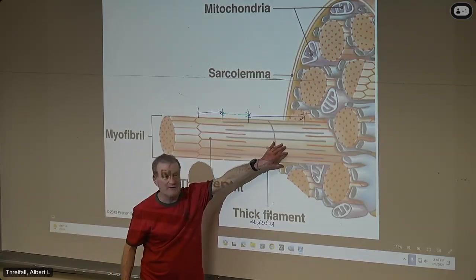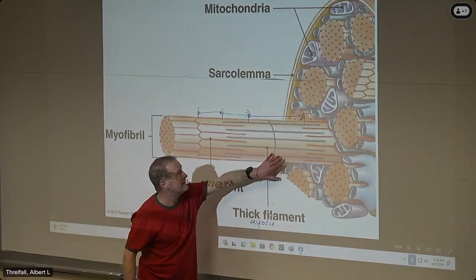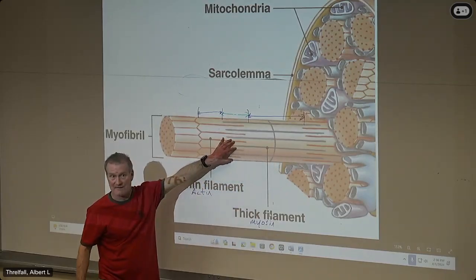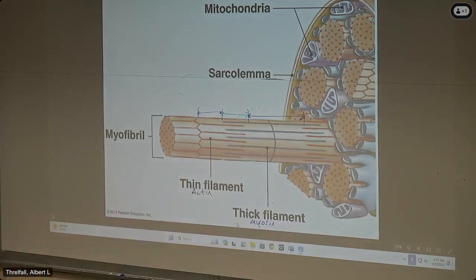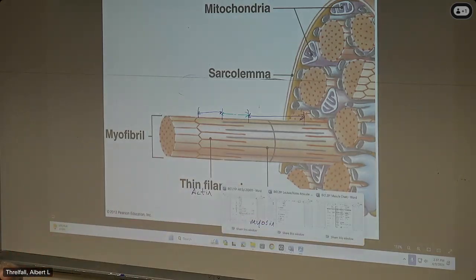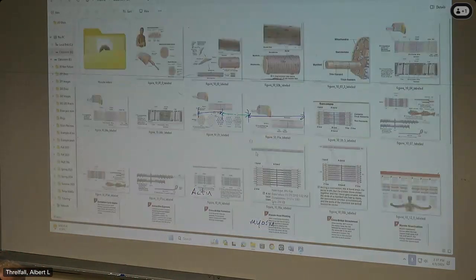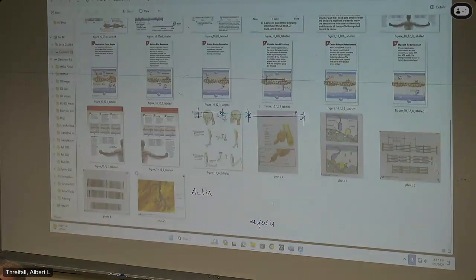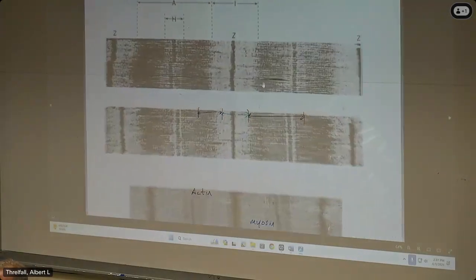So this will be darker than this, but this will be lighter than this. So we get these patterns because of the amount of protein that there is for the dye to bind.